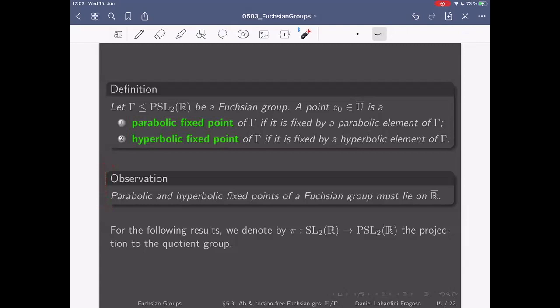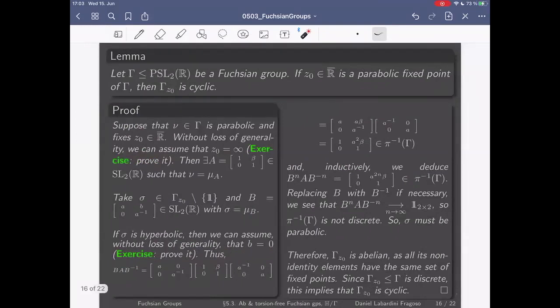And that's the observation. What I just said is that the parabolic and hyperbolic fixed points have to lie on the boundary, so on R bar. Okay, so now we also introduce this notation. Pi is just the projection from SL2(R) to PSL2(R). And now we have two lemmas.